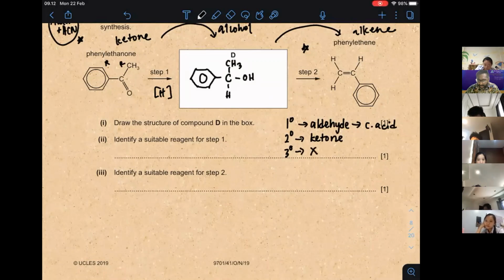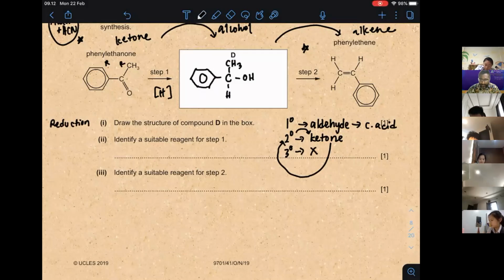Now I have ketone over here. If secondary alcohol can change into ketone, of course there is a way to change ketone to become secondary alcohol. So we are going to change ketone to secondary alcohol, which is dehydration. Sorry, it's not dehydration, this is going to be reduction. We are going to do reduction.